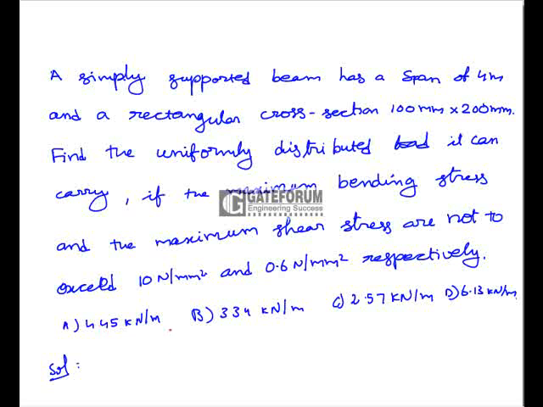Here in a simply supported beam, the maximum shear force is equal to WL by 2. So here it is W into 4 by 2. Here the span of the beam is 4 meters, so it is equal to 2W kilonewton.